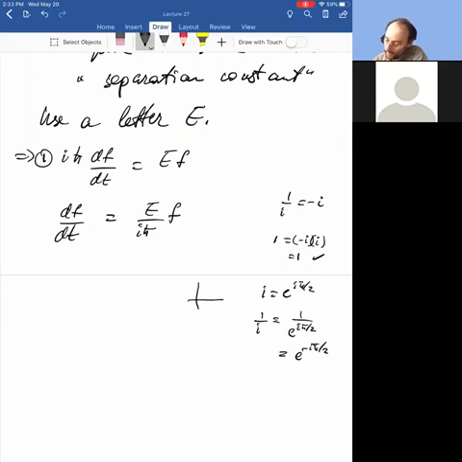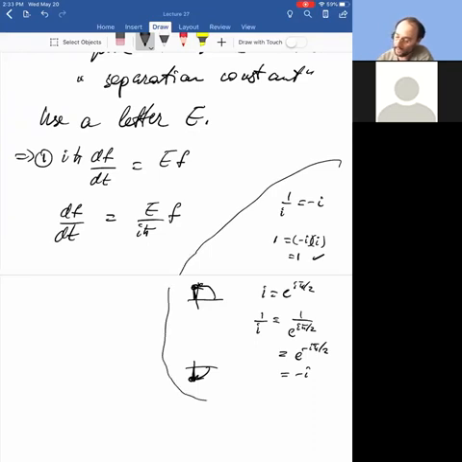Right, so you have a complex plane. This is i, and this is e to the minus i pi over 2. You go in the minus direction. This is minus i. All I'm doing is trying to explain why 1 over i equals minus i.